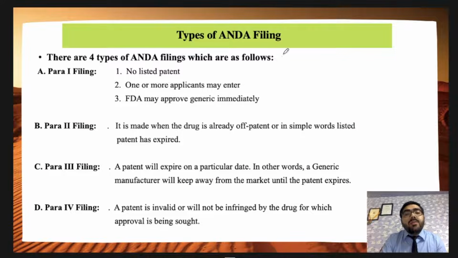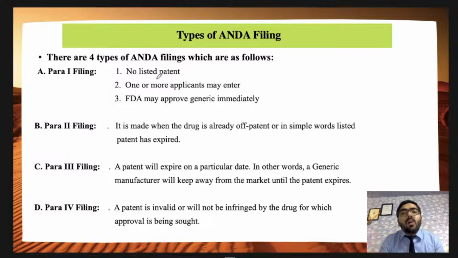Now, coming to the types of ANDA filing. There are 4 types of filing by which we can submit our ANDA: para 1 filing, para 2, para 3 and para 4. What is para 1 filing? Para 1 filing is used when there is no listed patent in the Orange Book.